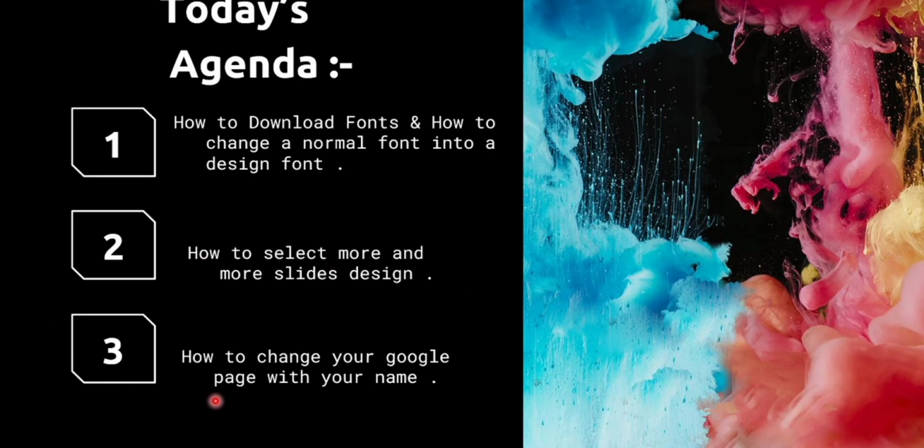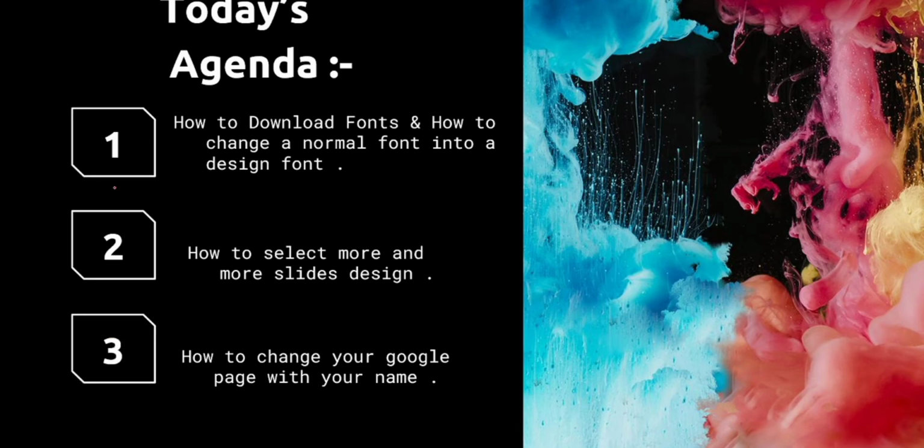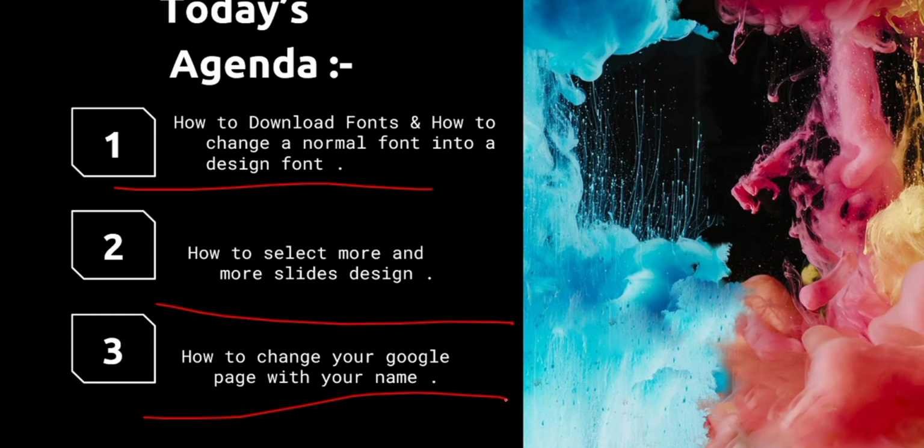The third agenda is how to change your Google page with your name on it. So these are the three agendas for today. You can see that: first is this, second is this, and third is this.